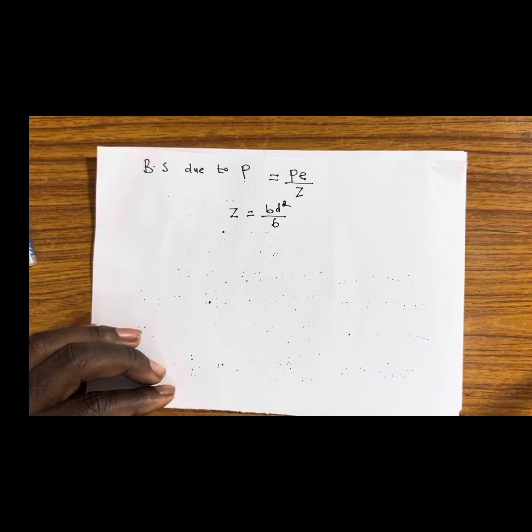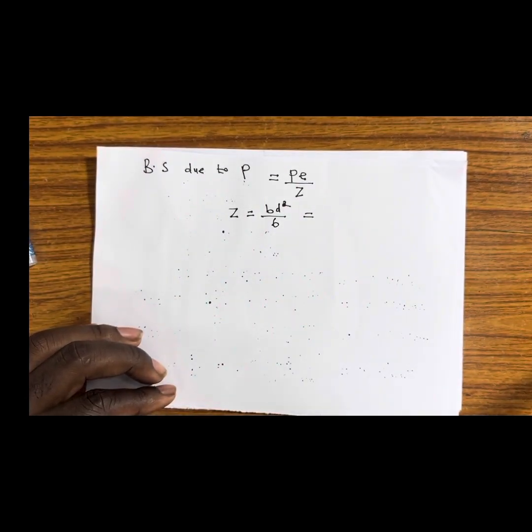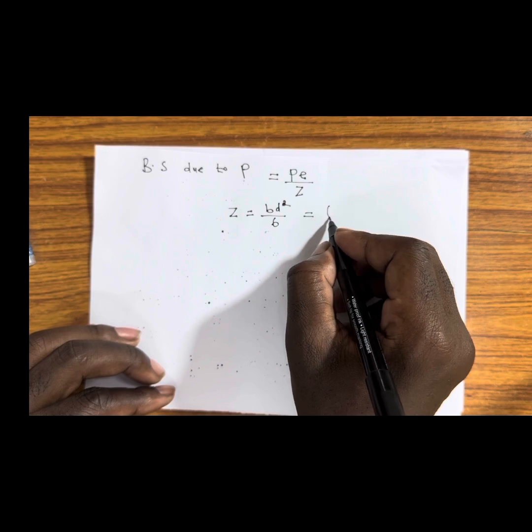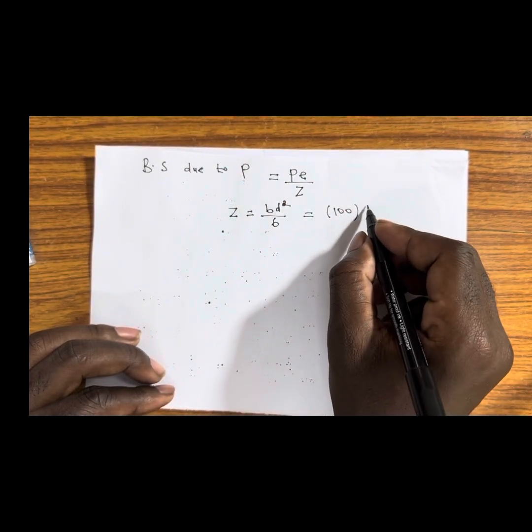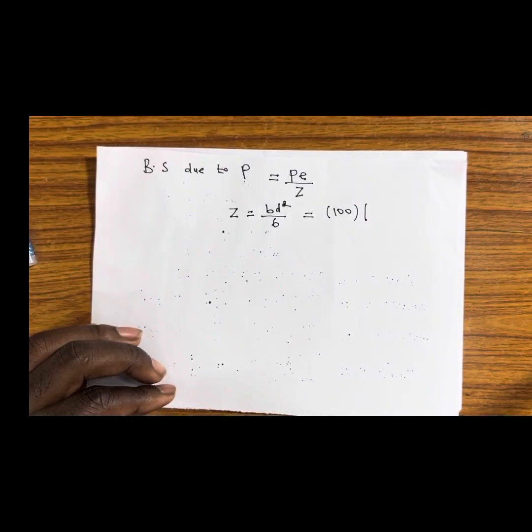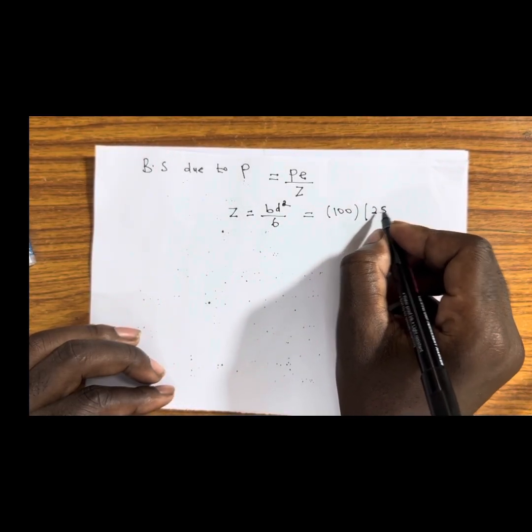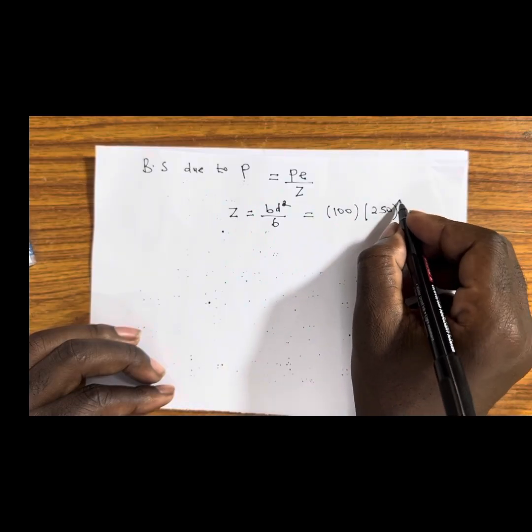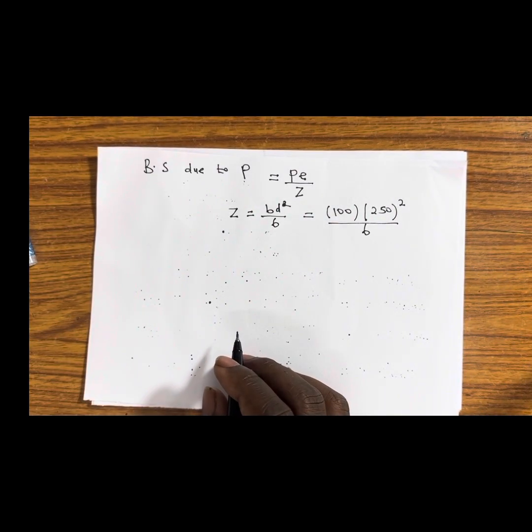Take note of that. So, our B is the width, which has been given to be 100, times our D, the depth, which is given to be 250. All this you have to square it and divide by 6.